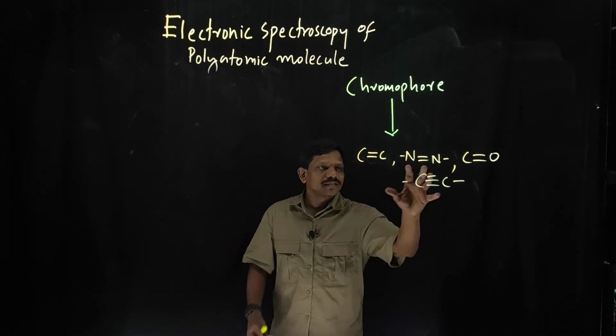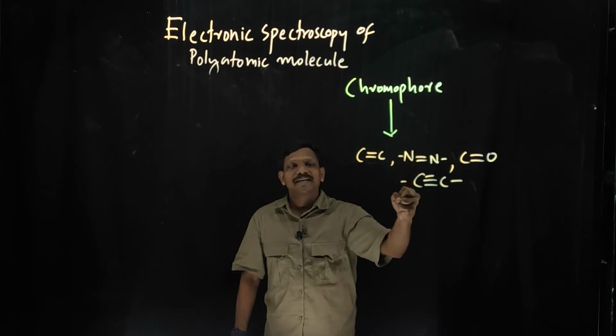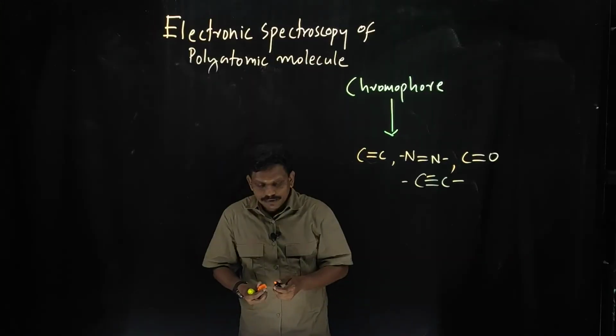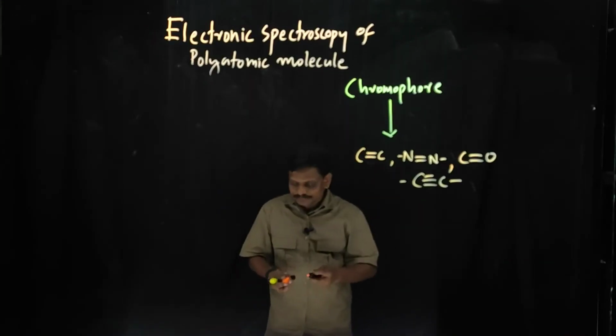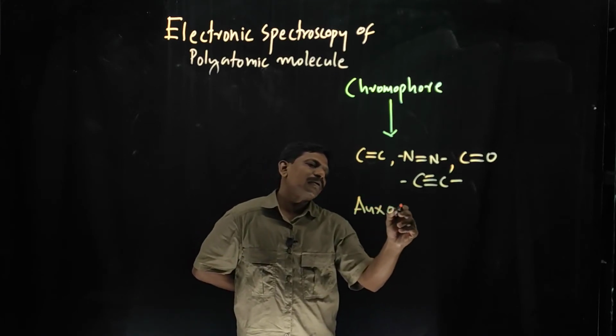That means these unsaturated sites are responsible for the absorption of light. So the groups which are responsible for the absorption of light are known as chromophores. Then next we can explain what we mean by oxochrome.